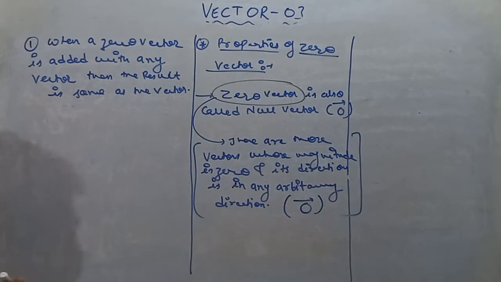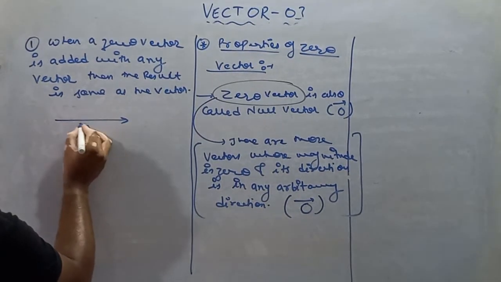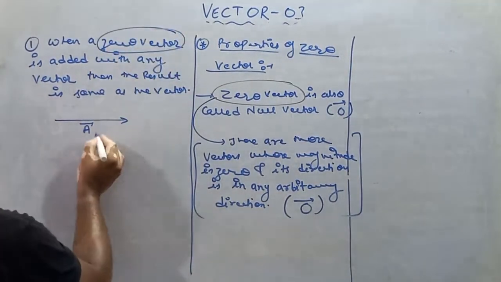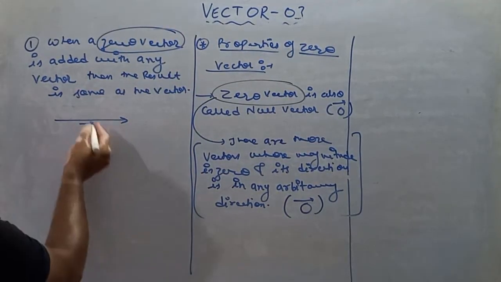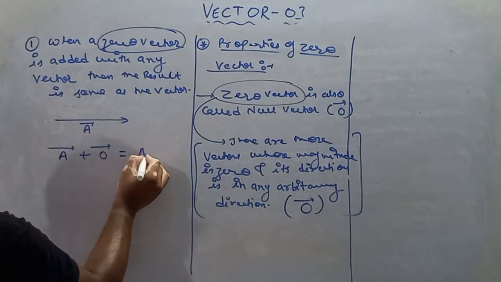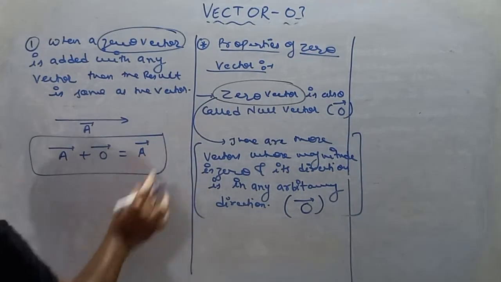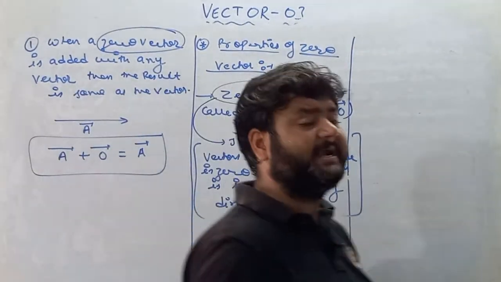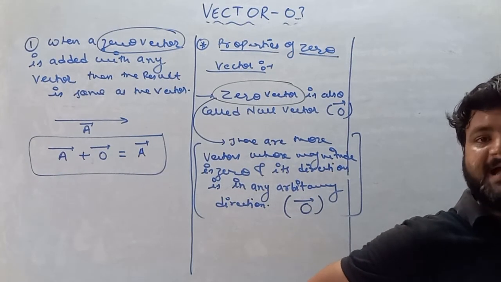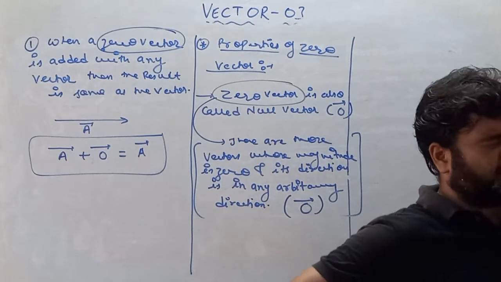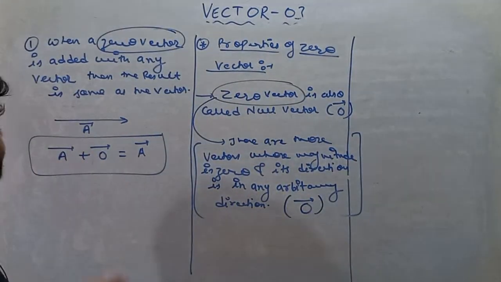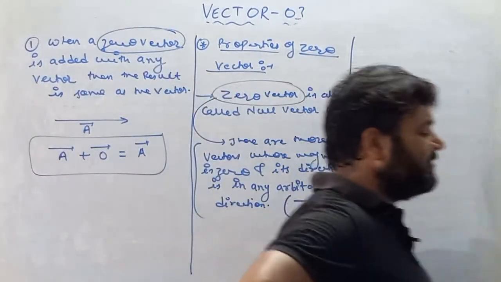That is, let's suppose we have a vector, let's say a vector, and this a vector is added with zero vector, we will get the same vector as the result, that is a vector. So I'll write a vector plus zero vector is equal to a vector. So remember this, beta. As we know, the direction of zero vector is anywhere and its magnitude is 0. So if we add any vector with zero vector, we'll get the same vector as the result.